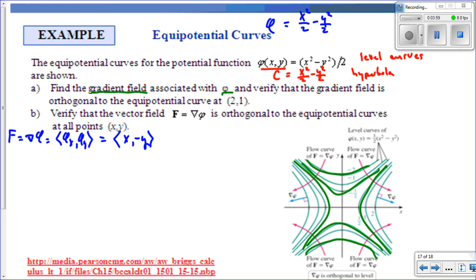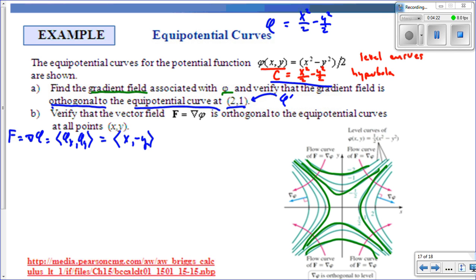So now, the gradient field we want to show is orthogonal to the equipotential curve at 2, 1. Well, let's look at the equipotential curve. This is one equipotential curve. Okay, if you want the equipotential curve at the point 2, 1, we can find out what that phi value is.